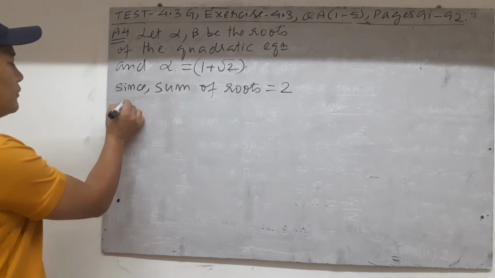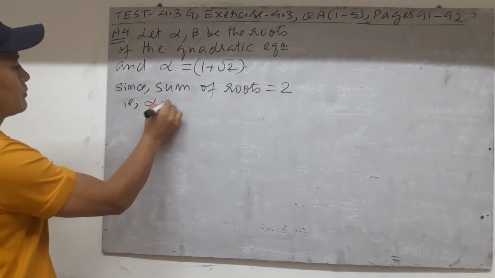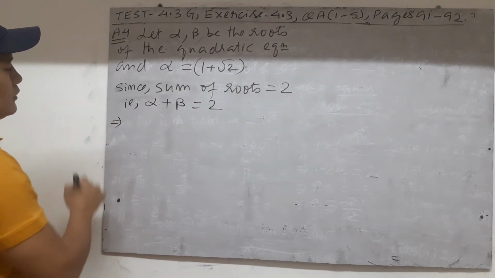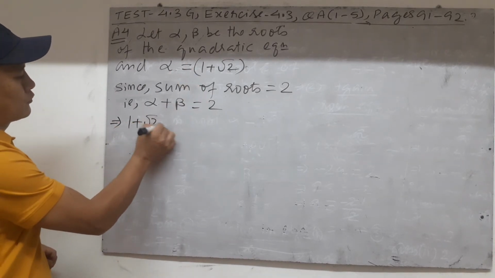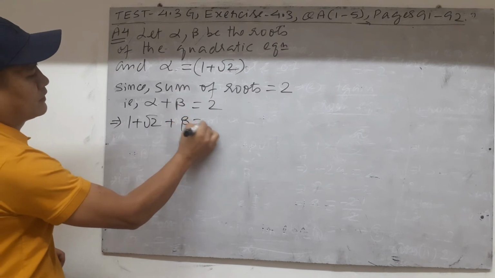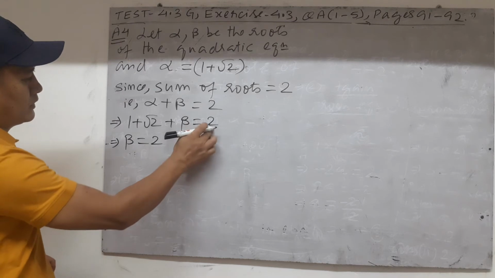Question is saying that, so we know that is the meaning of sum of roots, means first root plus second root is equal to 2. We know very clearly alpha is given, so replace the alpha by 1 plus root 2. Then beta we don't know yet, so just write there 2. Then write beta alone, and then 2 here.